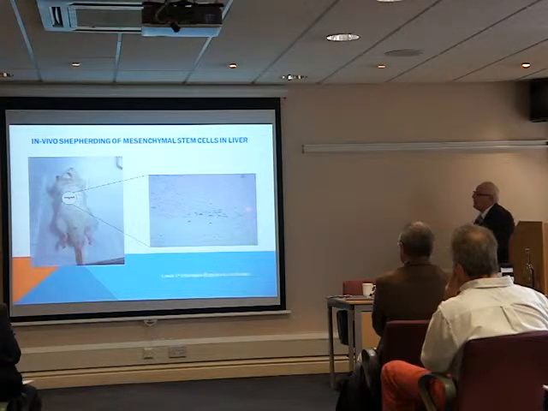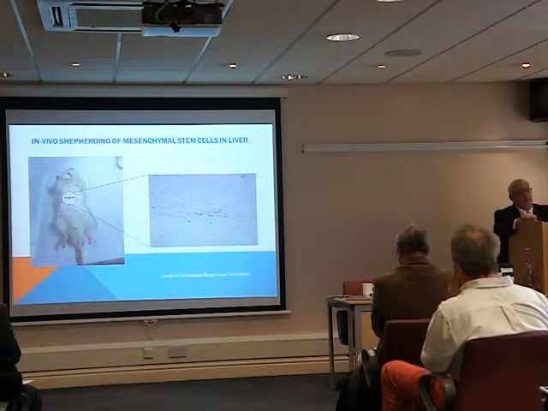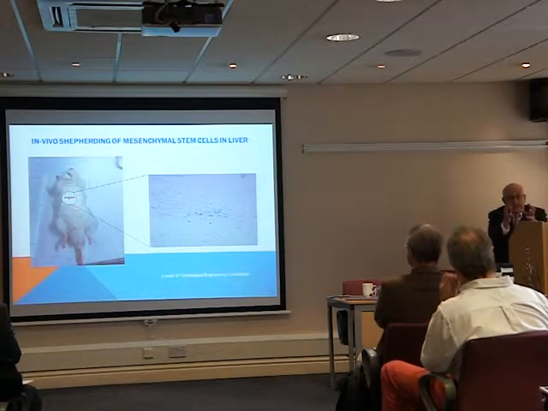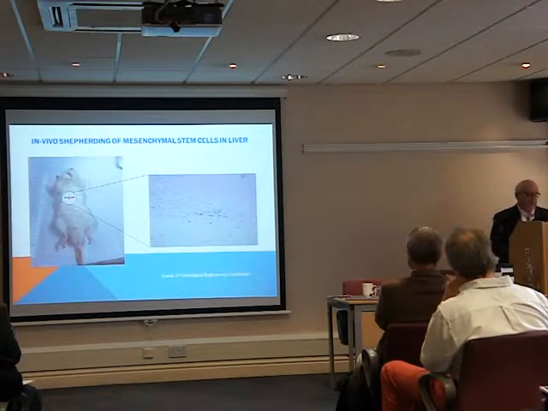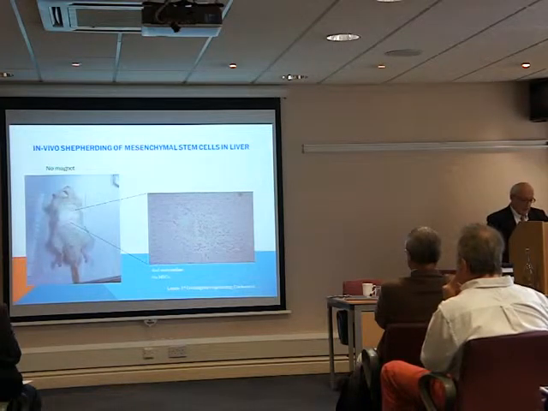And within 3 or 4 weeks, there were islets of these mesenchymal cells in the liver as a result of this magnetic field effect in keeping the cells long enough for them to establish a common colony. Whereas in the control experiments, as you can see, those cells were detected only at the site of injection.